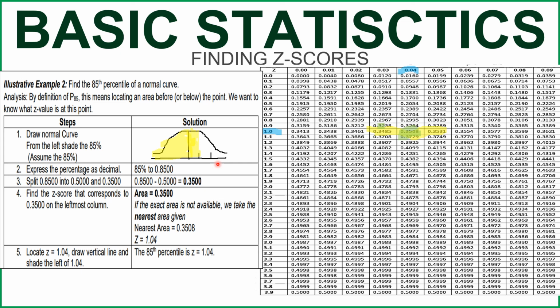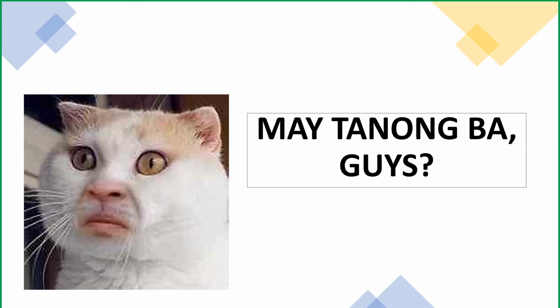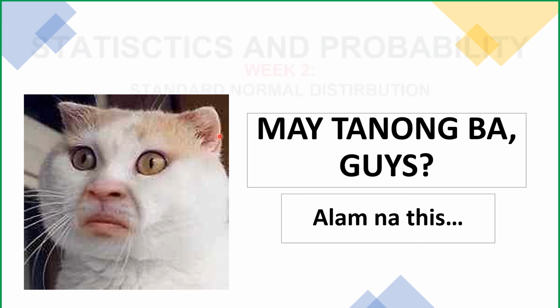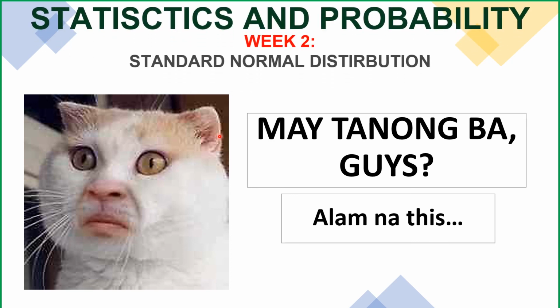So, after mong makuha yung nearest area, tignan mo na yung intersection niya by looking at the leftmost column and the uppermost row. And lastly, step 5, i-conclude mo na that the 85th percentile is yung nakuha mong z-score, which is 1.04. So, any more questions? If wala na, let's proceed to evaluation part.